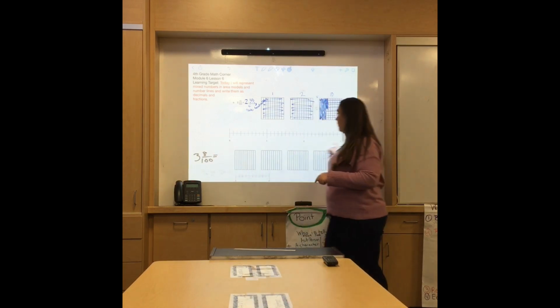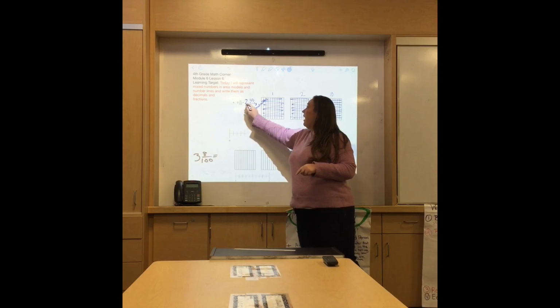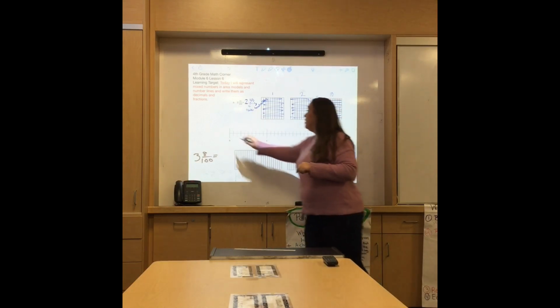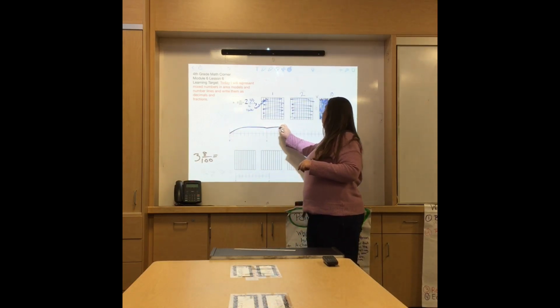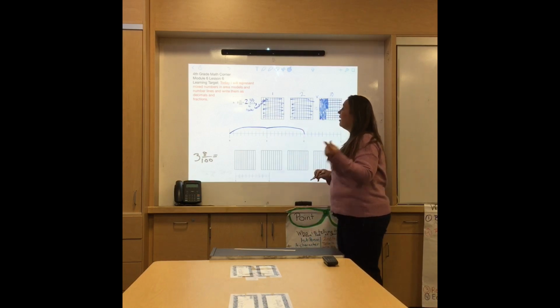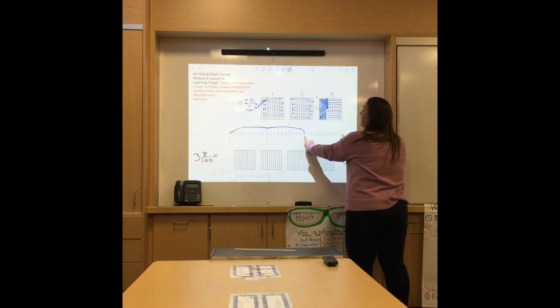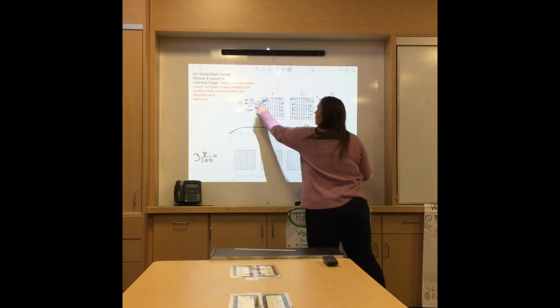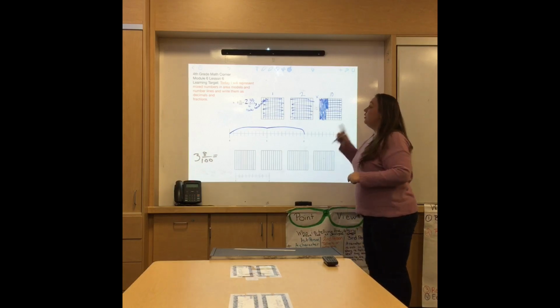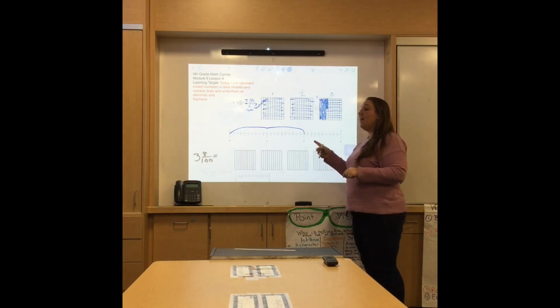To do it on a number line, I need to know that I have to jump 2 wholes. So I'm going to go 1, 2 wholes, but I'm not done. I have more. If I look at this number line, it is only broken into tenths, but I need to get to hundredths. You should know by now that 10 hundredths are in every tenth.